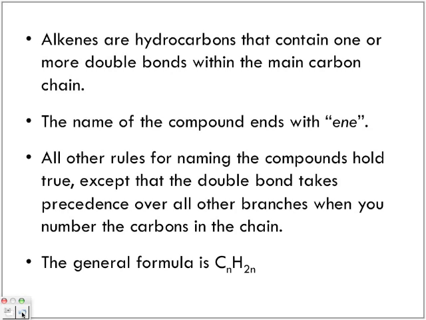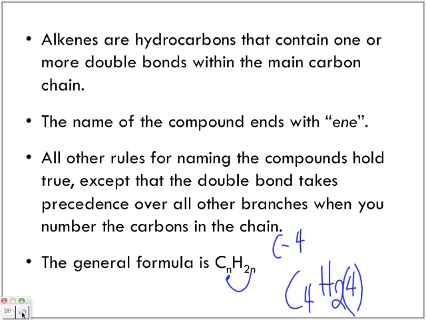Now, we looked at a mathematical formula with the alkanes, and we have another formula with the alkenes. Here we have CnH2n, which means if we have 4 carbons, the formula would be C4 and then H2 times the number of carbons, which would be 4.